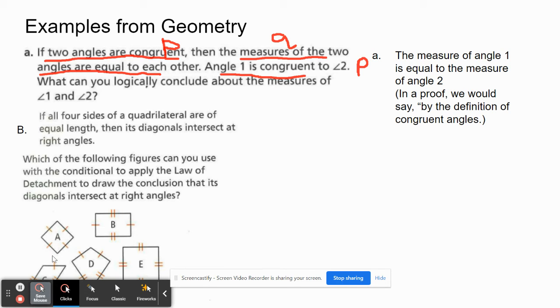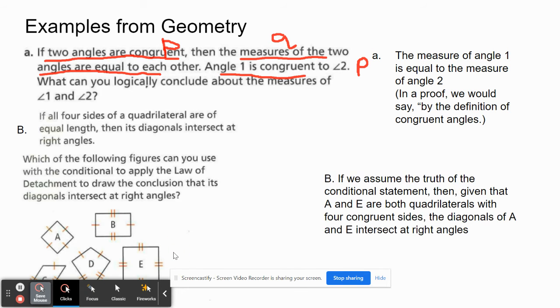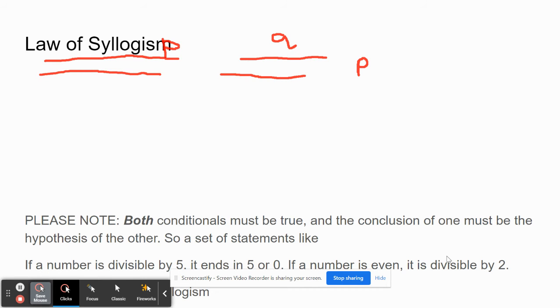So as I look around, I see A, four sides of equal length, and E, four sides of equal length. Therefore, given that A and E are both quadrilaterals with four congruent sides, that means that the diagonals of A intersect at right angles and the diagonals of E intersect at right angles.